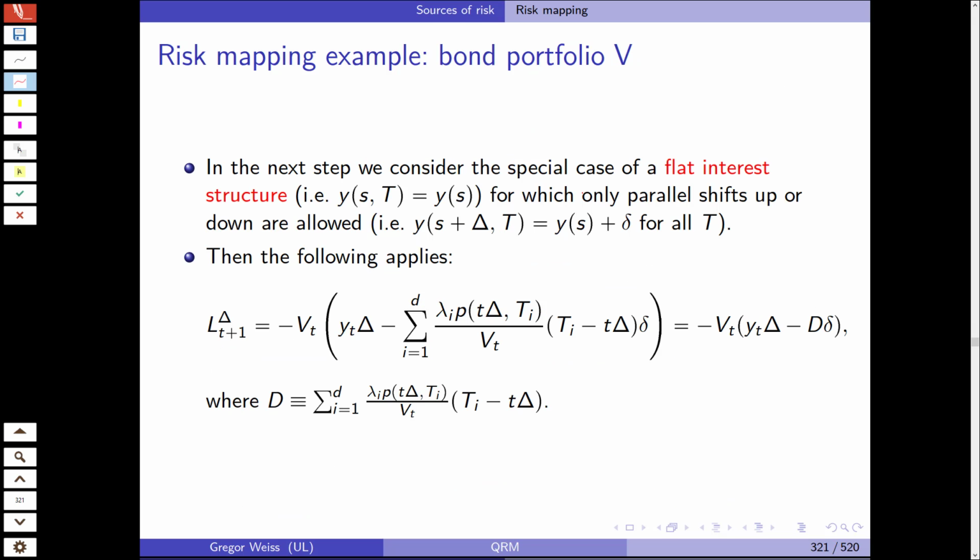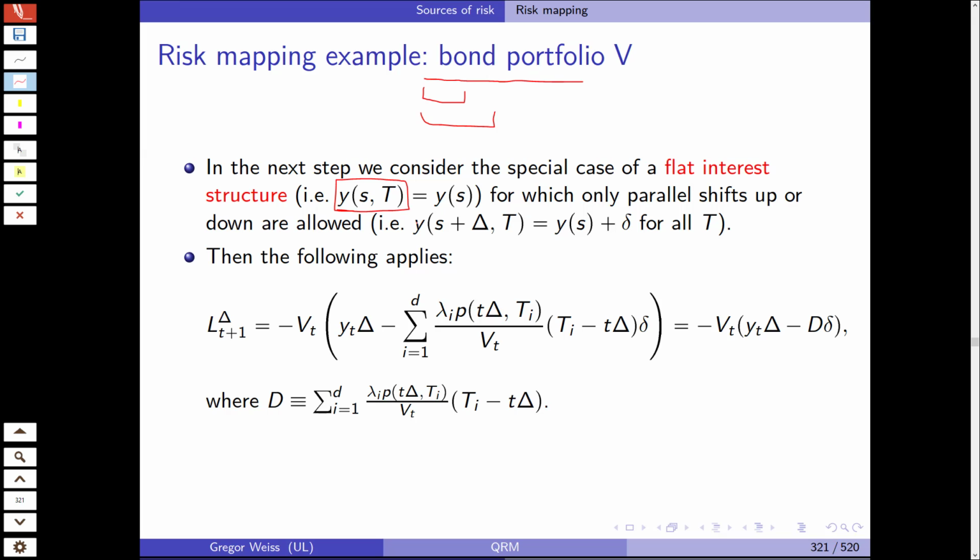Okay. In the next step, let's consider the special case of a flat interest curve. That is, we don't have different yields for different bonds, but actually the yields are the same for any maturity. So it doesn't depend if we invest for 5 years or 10 years, the yield curve is flat.